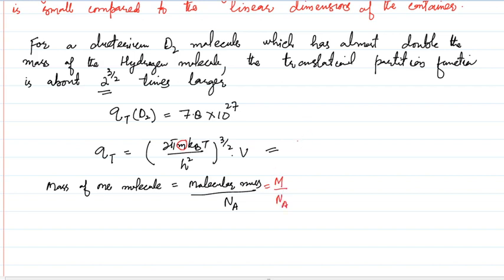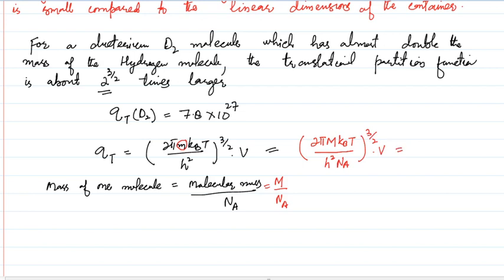So we will get this type of relation then: 2 pi, here it is capital M, that means the molecular mass, kBT upon h square, and this Avogadro number as well, 3 by 2 into volume.